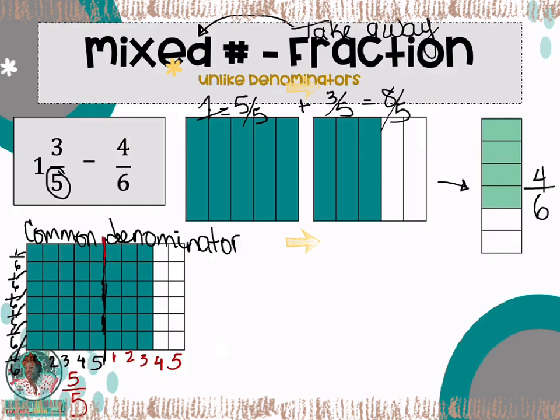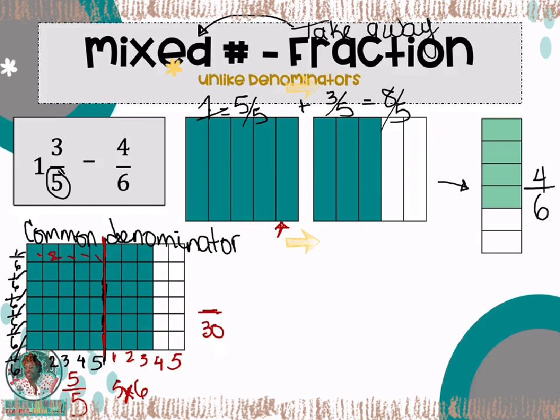And what we're doing to find our denominator is we are multiplying 5 times 6 because 5 is, remember up here, the total parts that we break it up into. And we know that 5 times 6 is equal to 30. And then you're going to count the total amount of parts that are here.